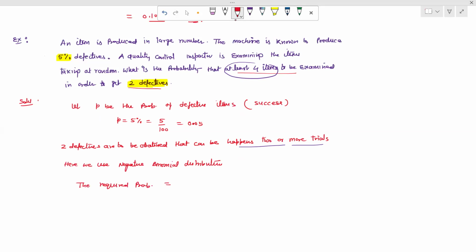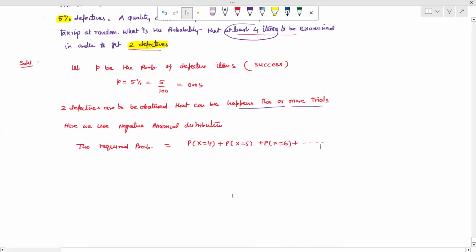The required probability is equal to, अब एटलीस्ट 4 आइटम्स टू बी एग्जामिन, तो वी स्टार्ट विद 4, दिस मे बी 5, मे बी 6, और मे बी एंड सो मिनिमम हमें क्या लेने हैं, 4 आइटम्स टू बी एग्जामिन, उसके बाद 5 भी ले सकते हैं, 6 भी ले सकते हैं। अब इट इज नॉट पॉसिबल to solve directly, so we can solve such type of problems by using 1 minus probability of x equal to 0 plus probability of x equal to 1 plus probability of x equal to 2 plus probability of x equal to 3.